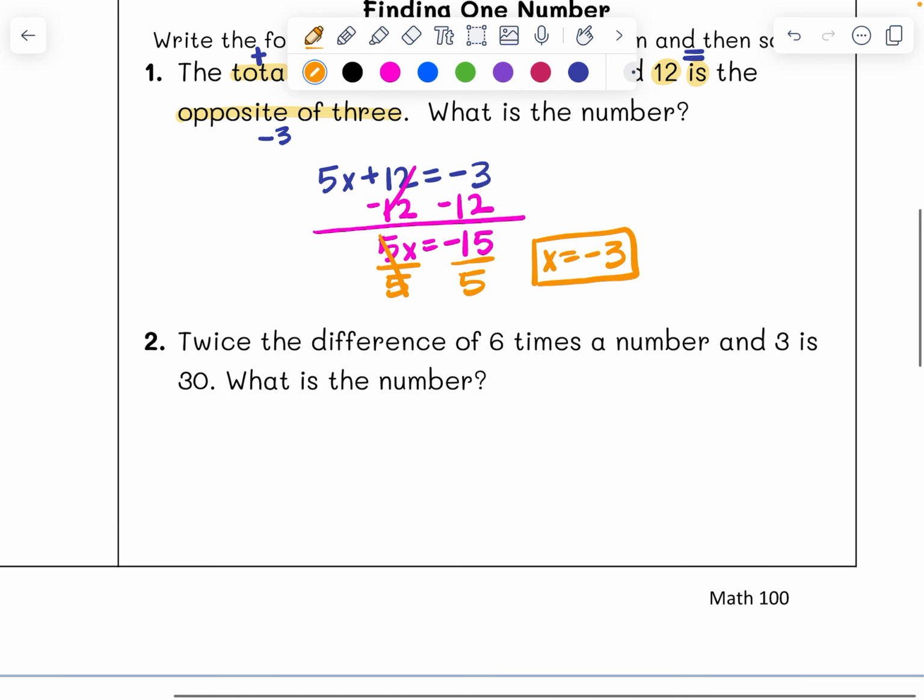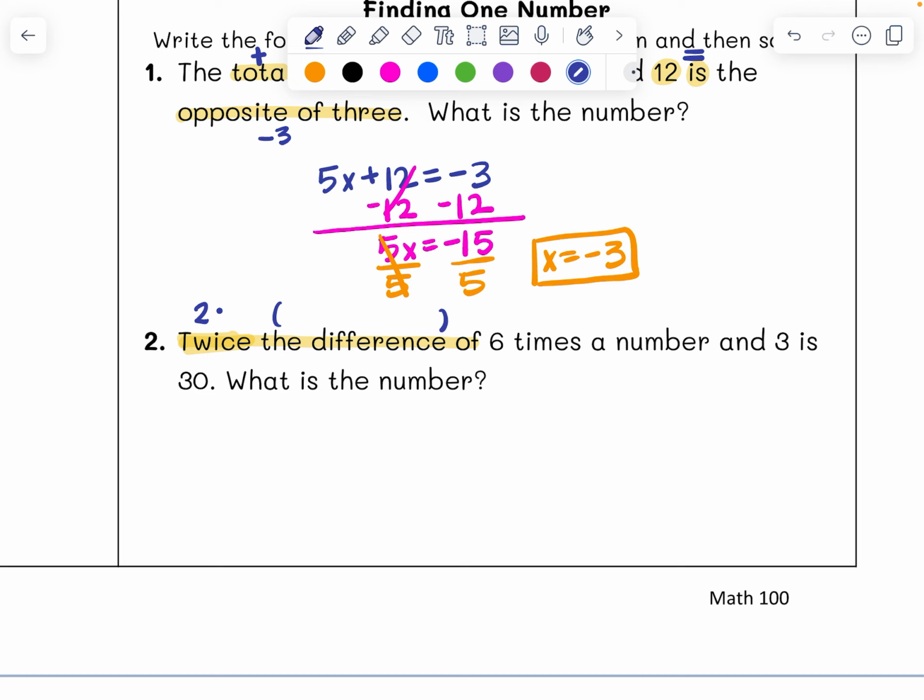Okay, number 2, twice the difference of 6 times a number and 3 is 30. So twice tells you that something's being multiplied by 2. Twice the difference of. This whole phrase, twice the difference of, tells you that there's going to be parentheses.